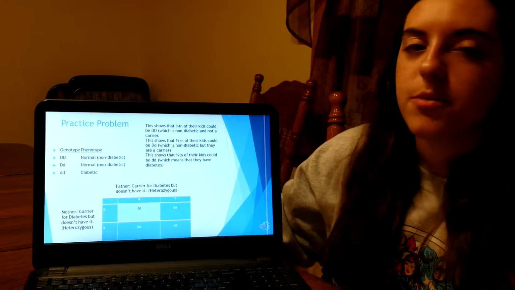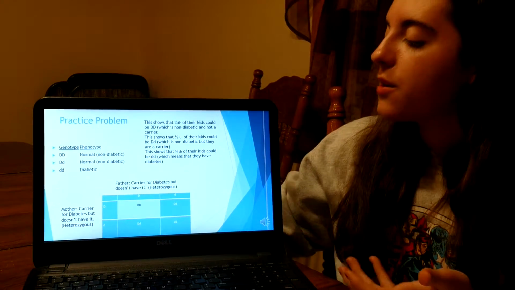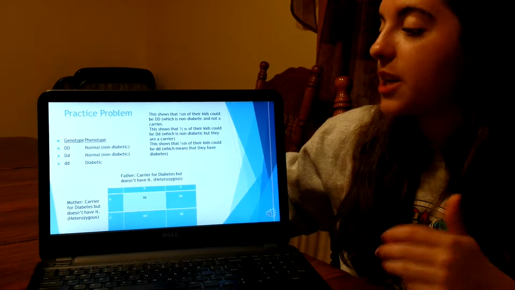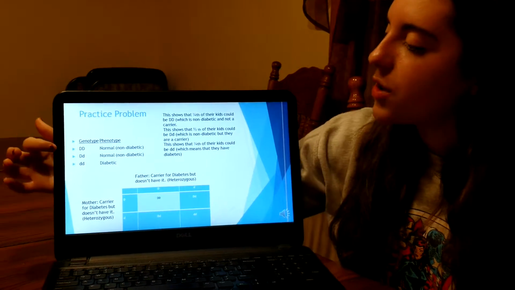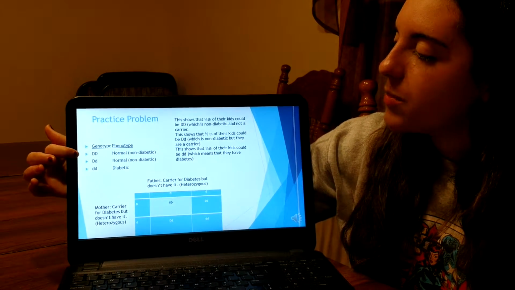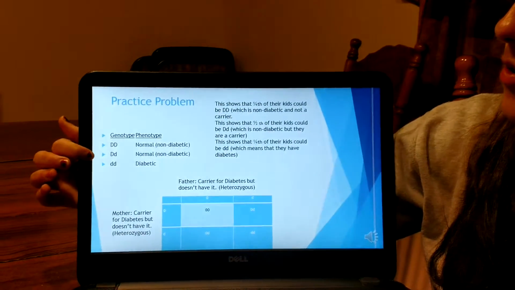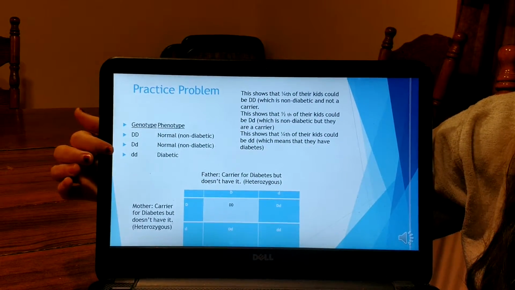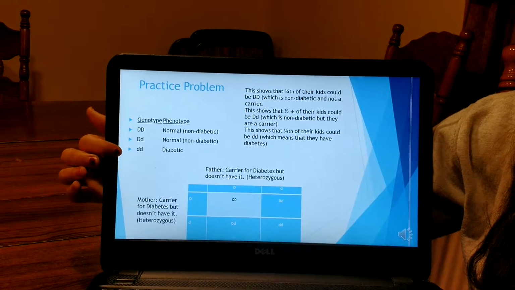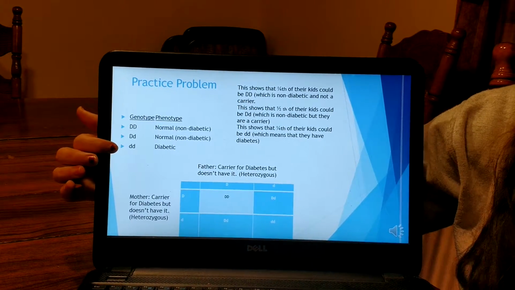So, a practice problem in the realm of diabetes. Again with the big D, you have a normal non-diabetic. You have one big D, one little d, you're still a non-diabetic. But people with 2 little d's are diabetic.